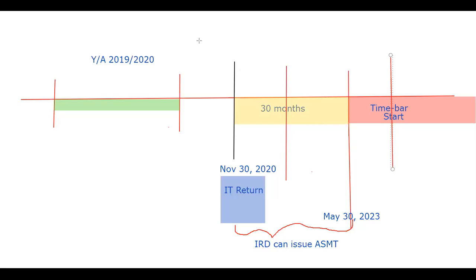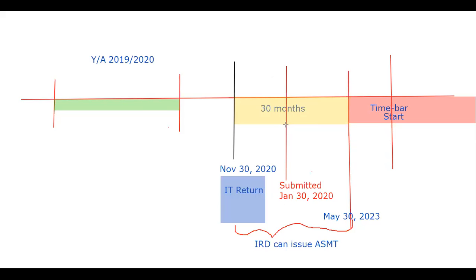Right? Then the department people, let's say you submitted the return. It is the worst case scenario, submitted on January 30th. Due to this COVID situation, you got an excuse and you file the return on January 30th.